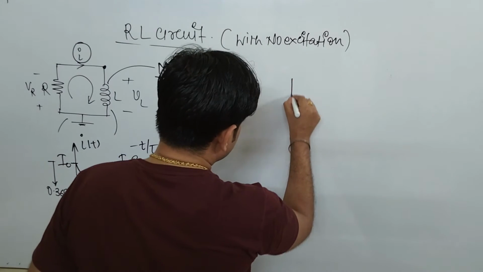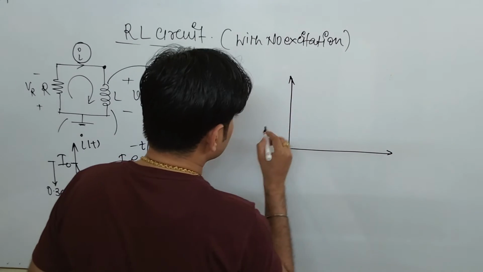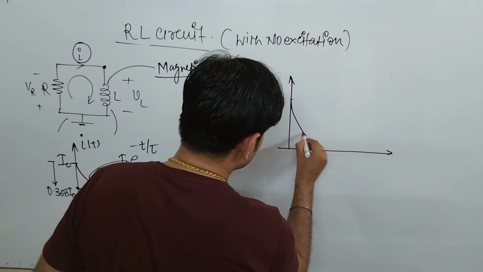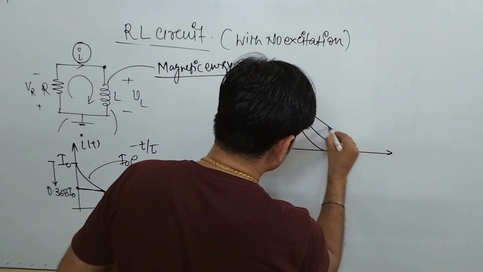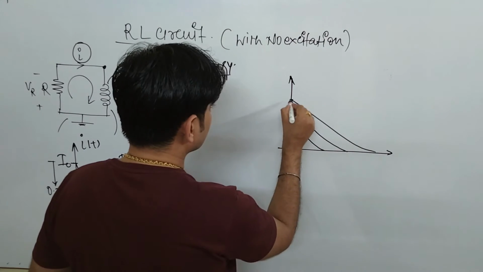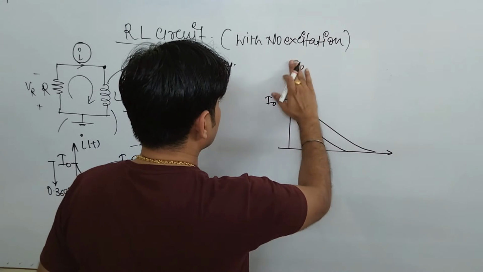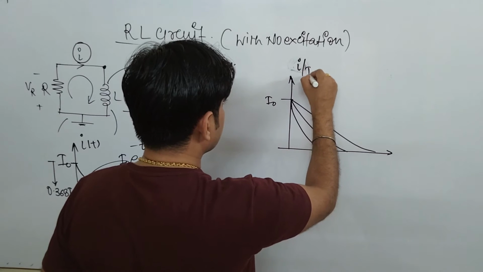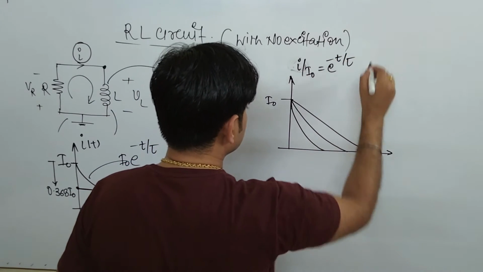If you see that graph, if this is I naught, this is your function I by I naught, that basically is e to the power minus t by tau.